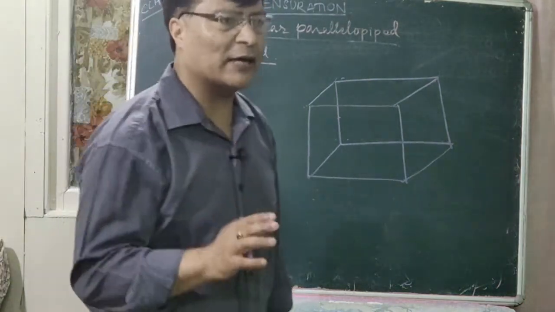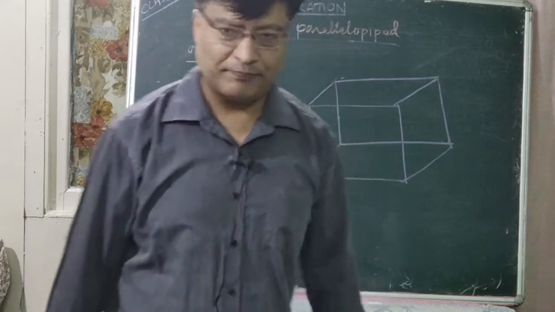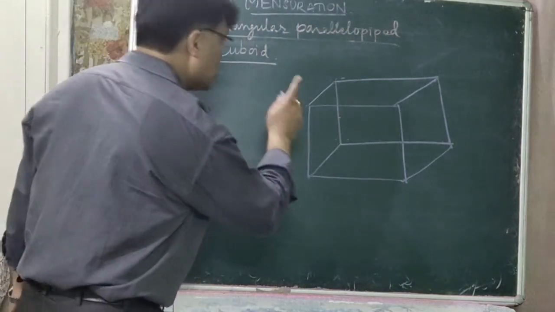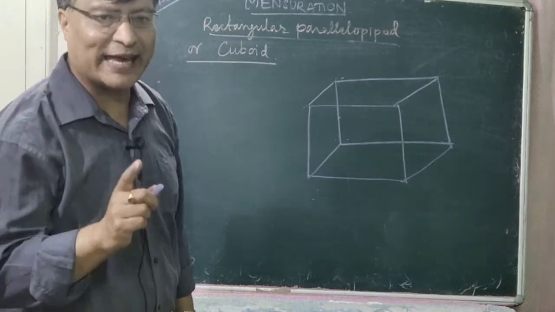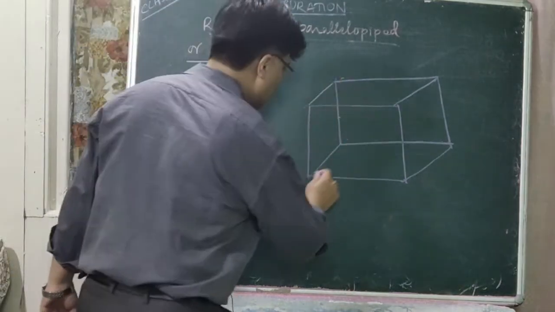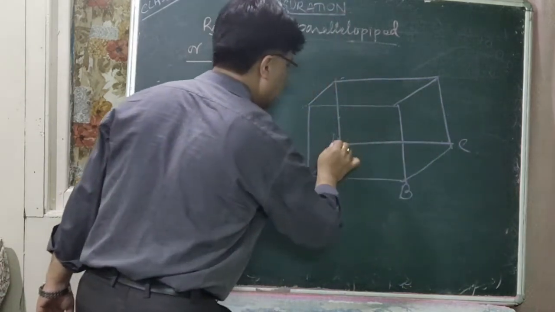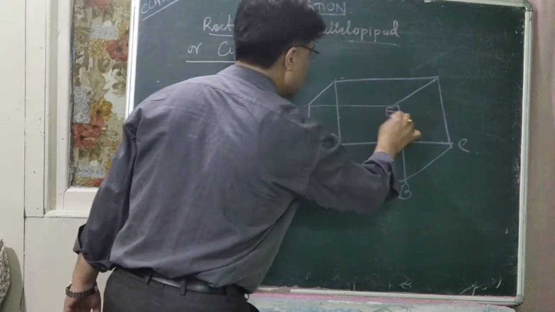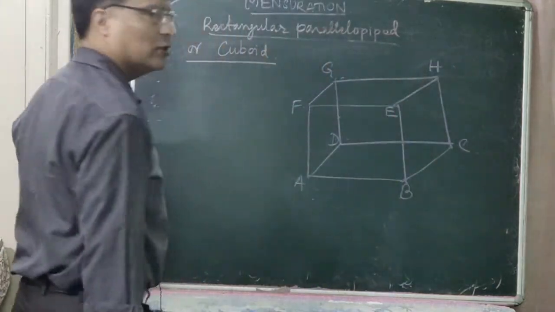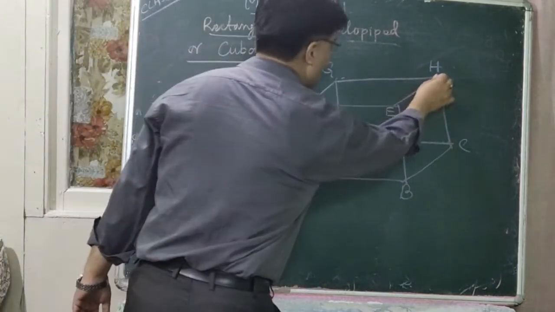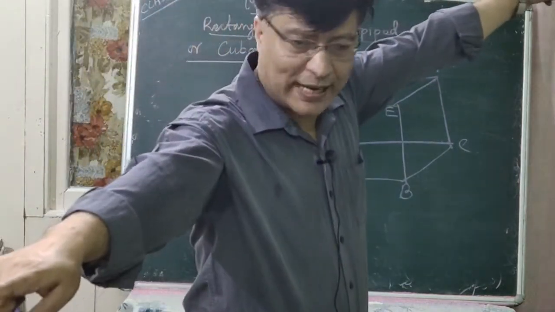So how many diagonals can you draw in a rectangular parallelepiped? Okay. Suppose this is A, this is B, this is C, this is D, this is E, F, G, and this is H. Okay, now this corner and that opposite corner can be joined.